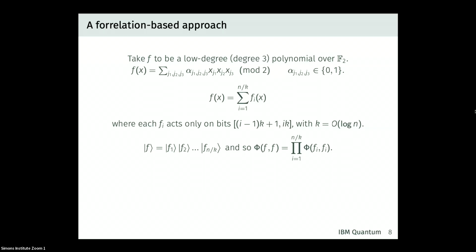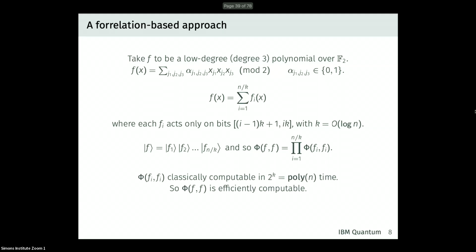It's not too difficult to see that if you do this, then this phase state that we saw before, the state that is an equal superposition over everything with the evaluation of f in the phase, just becomes a product state with all of these smaller functions in there. And so the correlation itself just becomes the product of the self-forrelation of each individual f_i function.